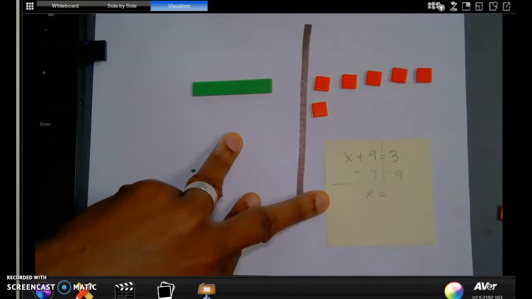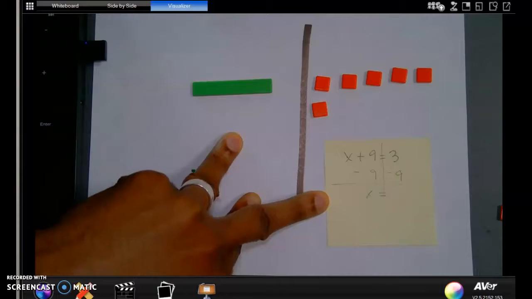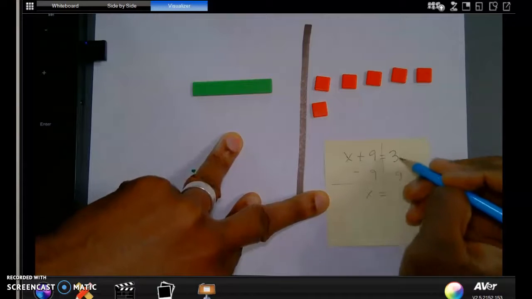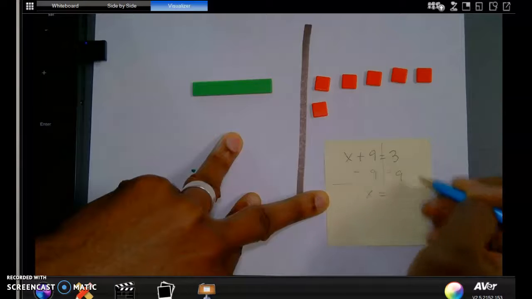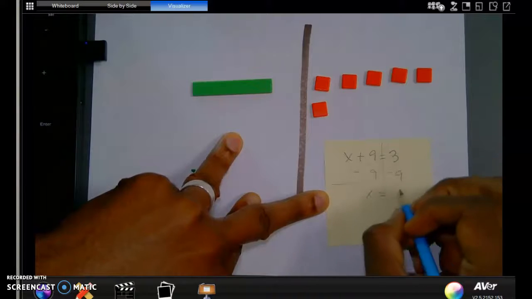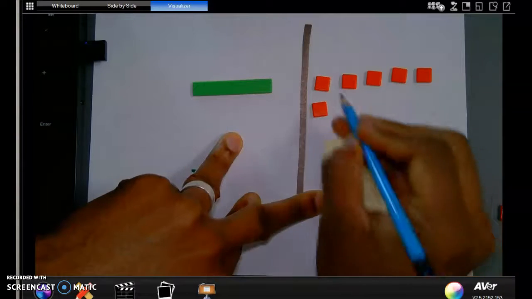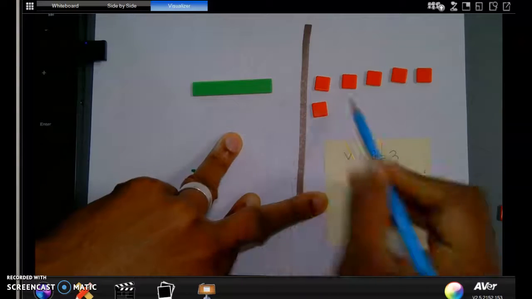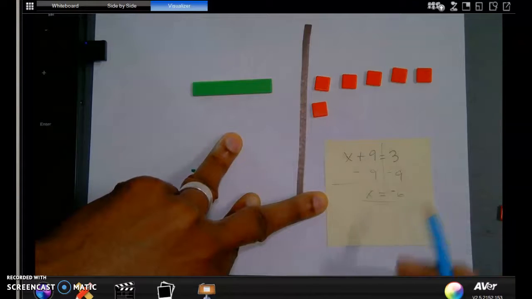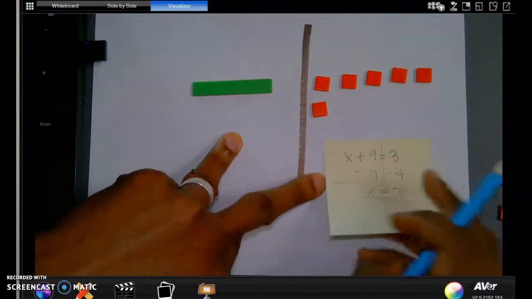So if you have a problem with the wording of the way that I said that, go back to my combining integers video, okay, and look at that again. But again, I'm combining +3, adding -9 to that, or 3 and -9 becomes -6, which is what I have here, okay? So I just modeled and I solved using the standard algorithm, okay?